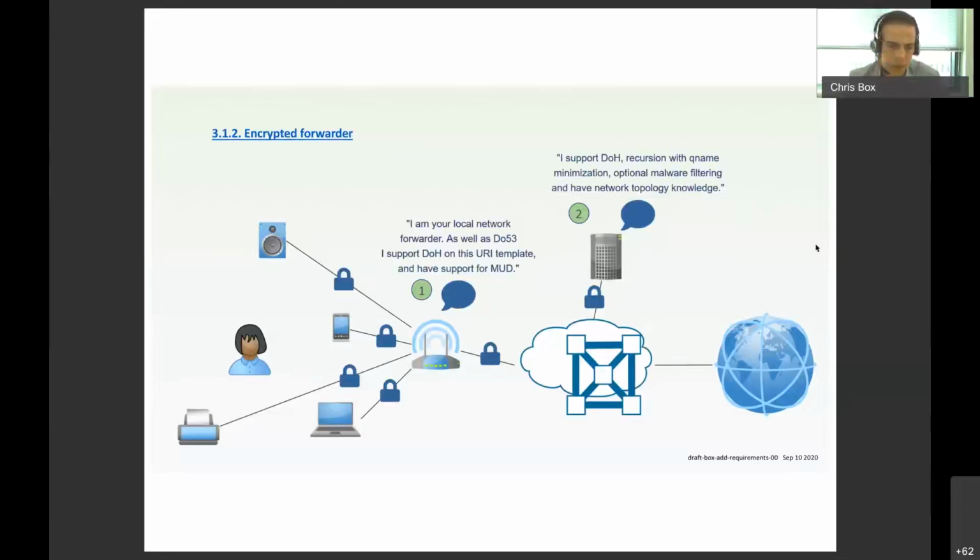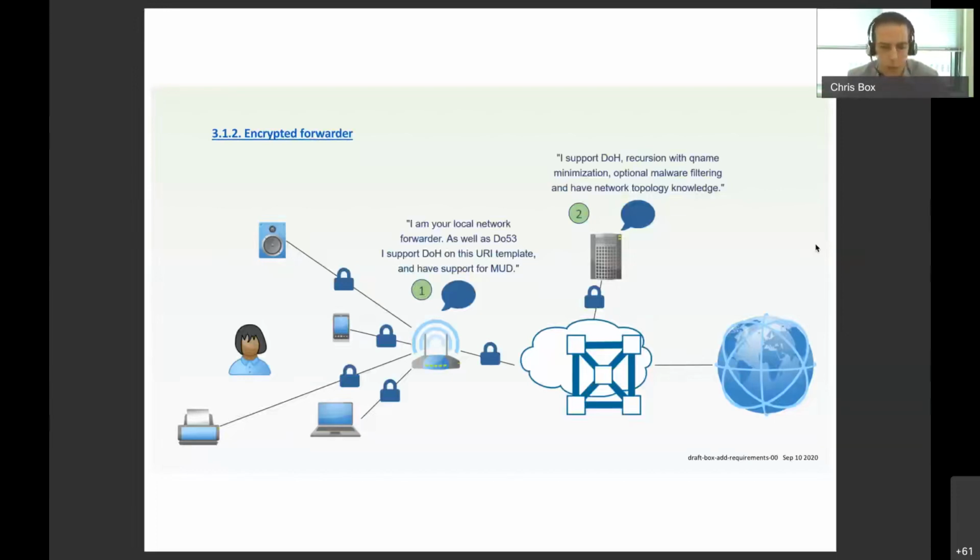If that's DoH, it needs to be a URI template, of course. It's not necessarily going to say it has support for MUD, but that's one of the advantages drawn out in the draft from supporting encrypted DNS operation in that forwarder.